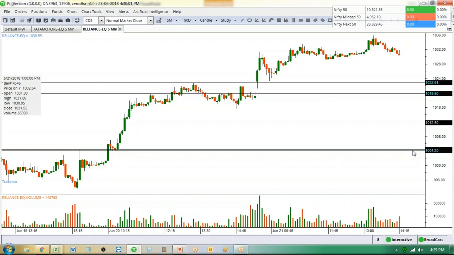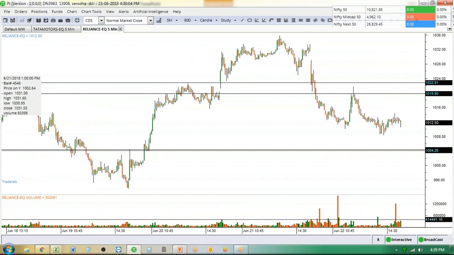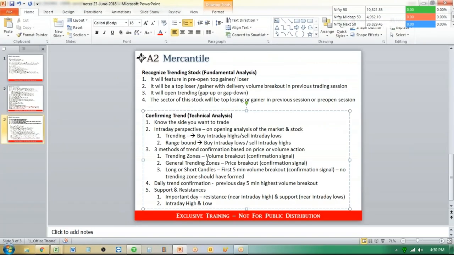So this is a very strong support level, this zone. Okay, so the price might come here, may go down, break this back out, and go up. Okay, so this is also a confirmation signal about a stock. Okay, clear all of you?